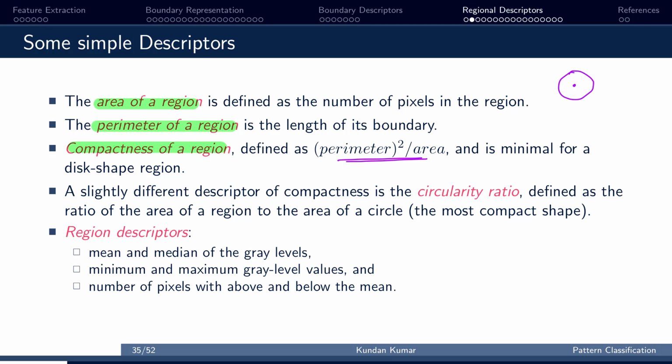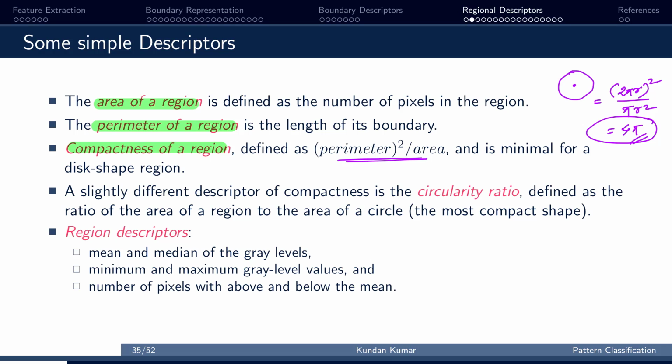Then the perimeter is 2 pi r, which we have to square first, and divide by area pi r square. So it will be 4 pi. This is the compactness of region for a circle.